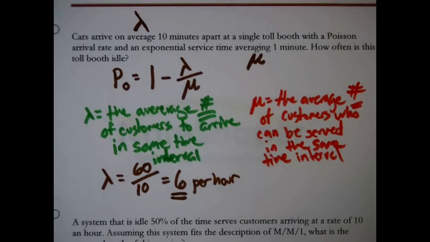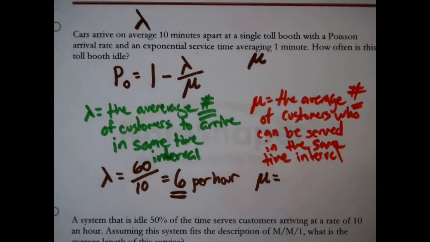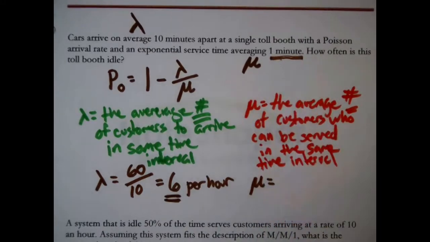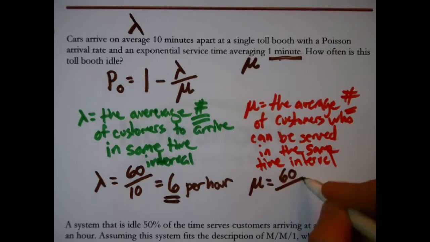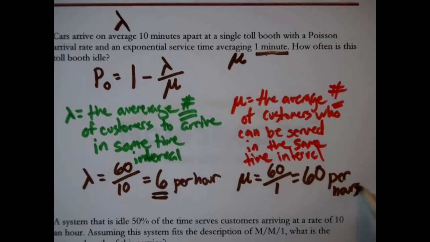There's lambda. Now I just want to do the same kind of logical deduction for mu. If the toll booth is clearing cars at an average rate of 1 a minute, there's 60 minutes in an hour, so what does that imply? The toll booth could serve up to 60 cars per hour.